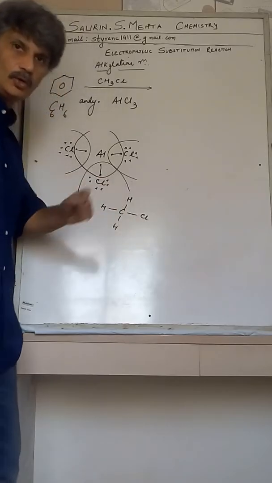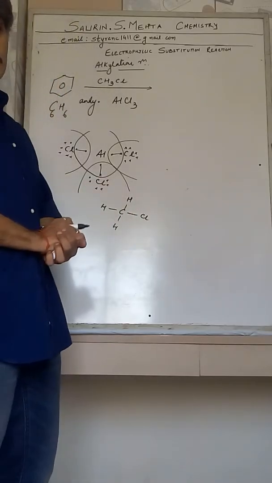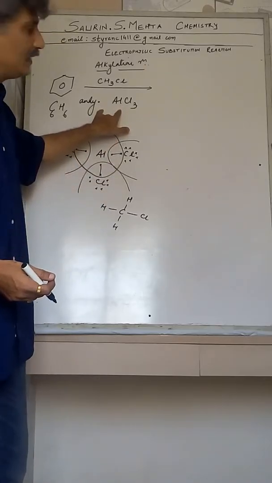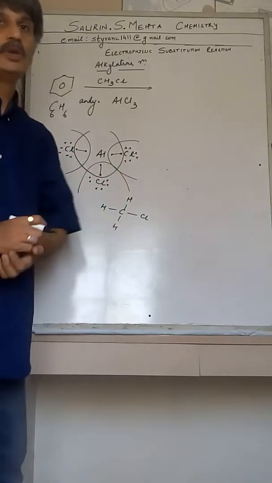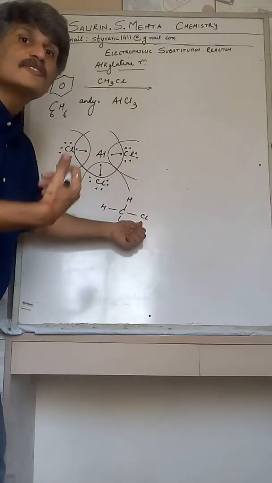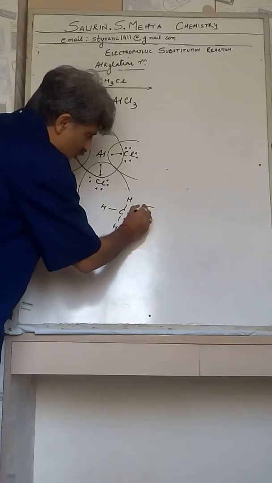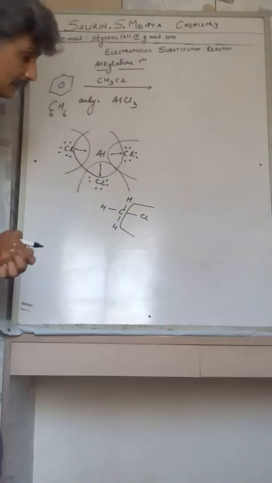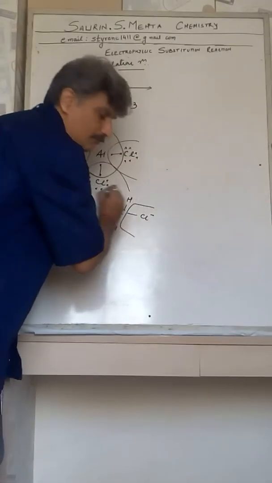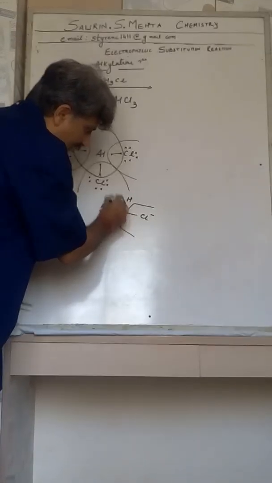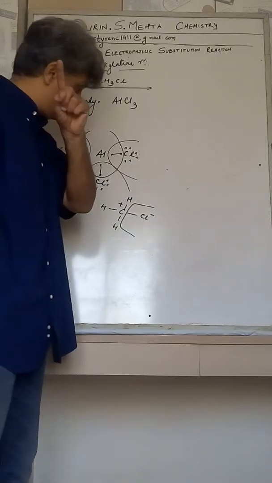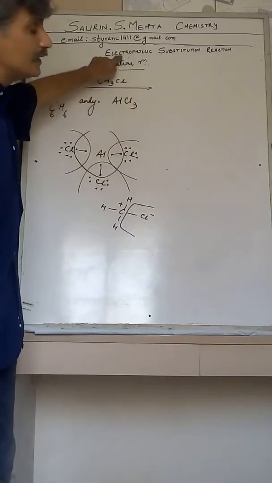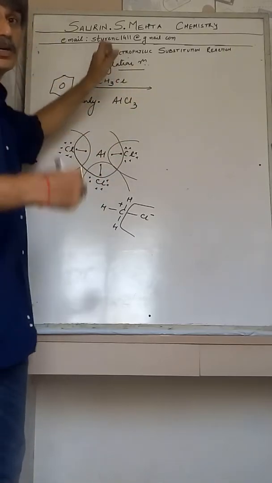Out of carbon and chlorine, chlorine is more electronegative, and as the reagent is anhydrous AlCl3, it will have a tendency to pull the chloride ion out of CH3Cl, so that this chloride ion will take away the electron of carbon to which it is bonded, and as a result Cl will attain a minus sign and carbon will attain a plus sign. And keep in mind, we want carbon which should attain plus sign, because we are studying electrophilic substitution, we want an electrophile.